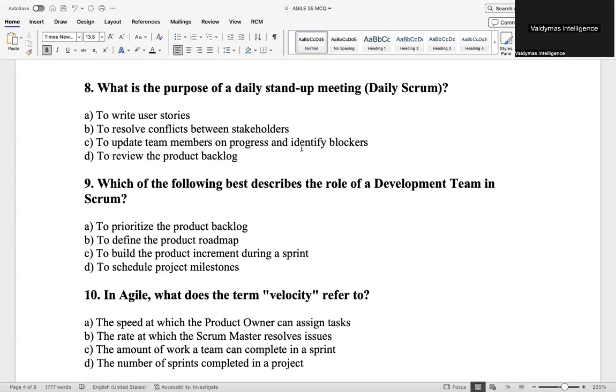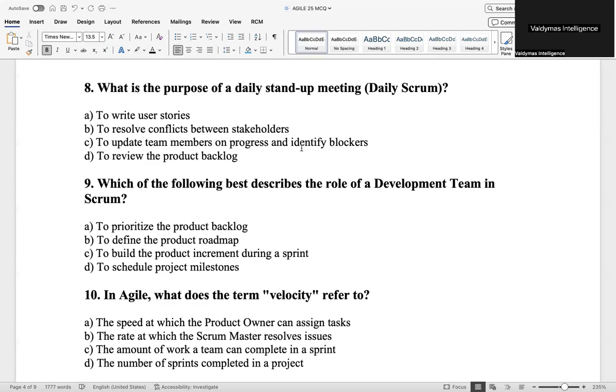Which of the following best describes the role of a development team in Scrum? I'm sure that should be easy. A, to prioritize the product backlog, is the role of who? Product owner. Excellent.